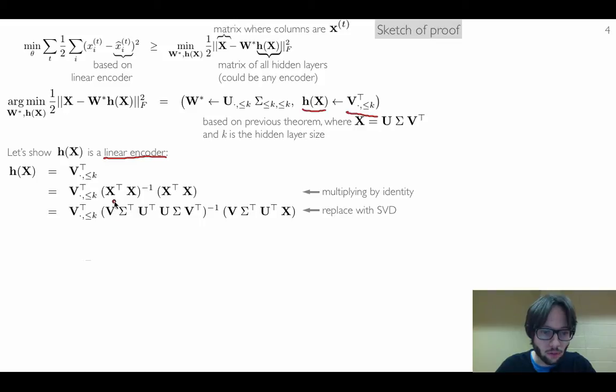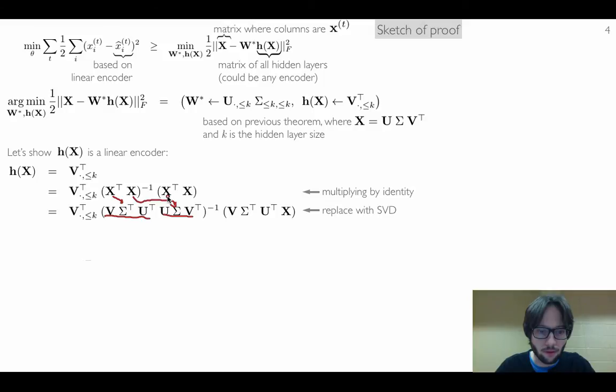And now I'm going to replace X here by its singular value decomposition. So X transpose is going to be the transpose of that expression if we put it in the singular value decomposition form. That's V times sigma transpose times U transpose times U times sigma times V transpose. That comes from this and this, this whole thing here and this whole thing here.